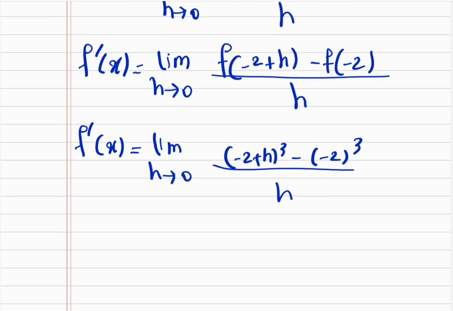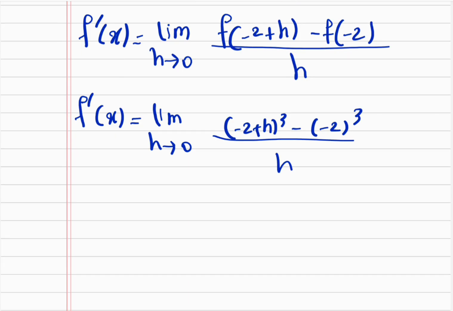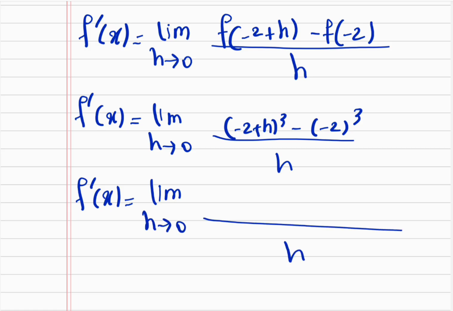Okay, so at this point, we just need to expand the bracket and simplify. Then we can find the limit. So it's going to be -8, then plus h cubed. Then we have two more terms.